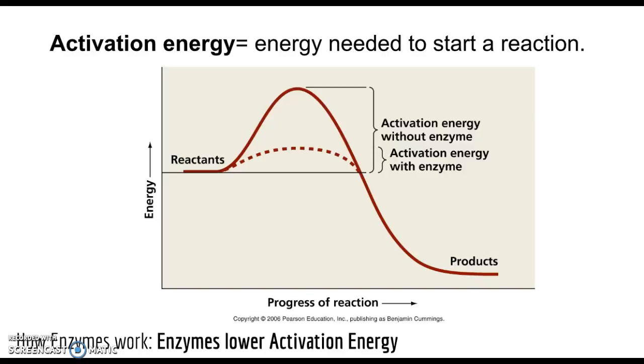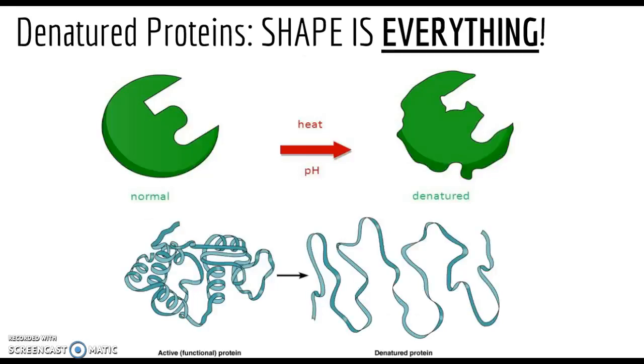When an enzyme is added, the dotted line, that amount of energy needed for the reaction to proceed is much lower. So enzymes lower the activation energy, or reduce the amount of energy needed for the reaction to begin, and thus the reaction happens faster.